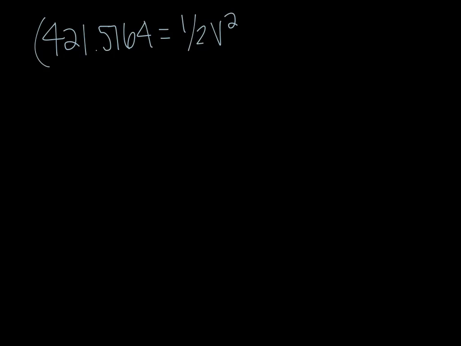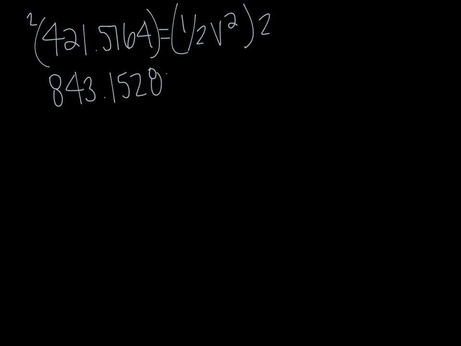Now that you have that 421.5764, you're going to set that equal to kinetic energy, because energy is constant, so you set that equal to half v squared. To get rid of that half, you multiply by 2 on both sides. That gets you 843.1528 equals v squared.